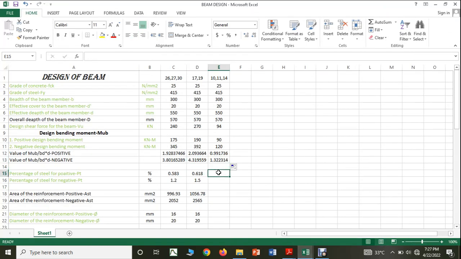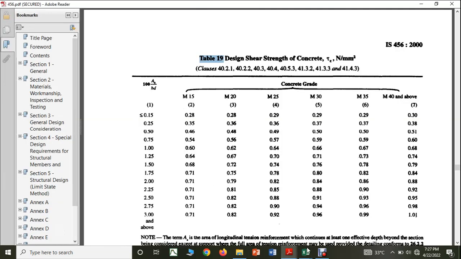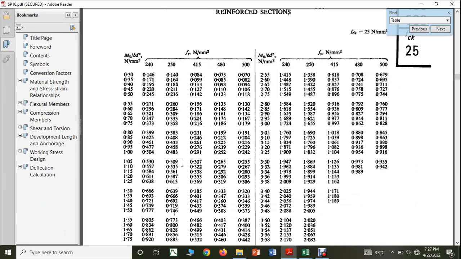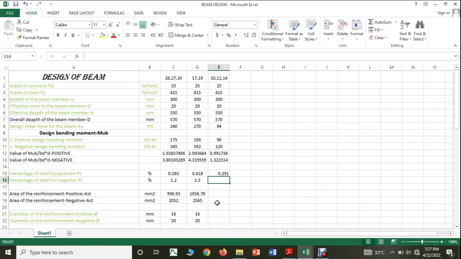Whereas for this, that is 1.32, I can go to this 1.32, and the higher value is 0.401. So these are the corresponding percentages.